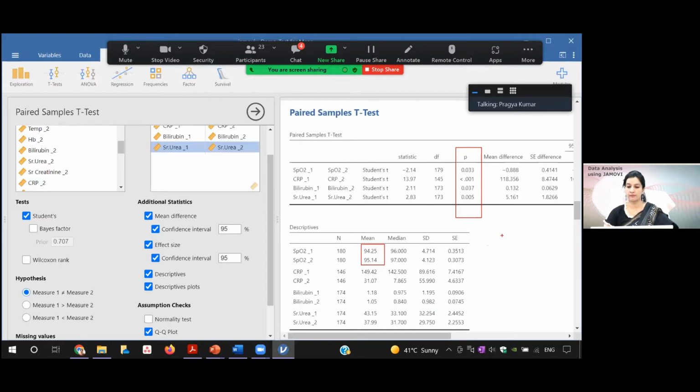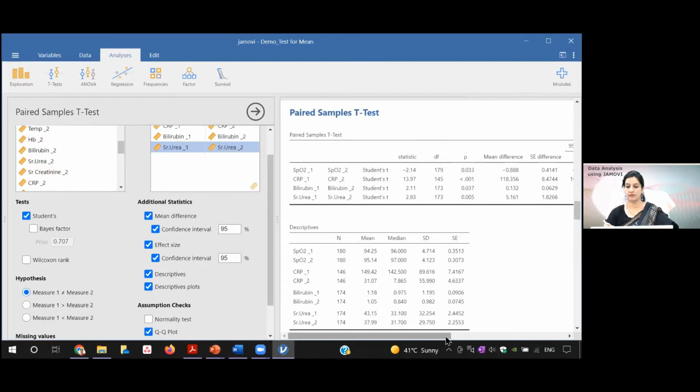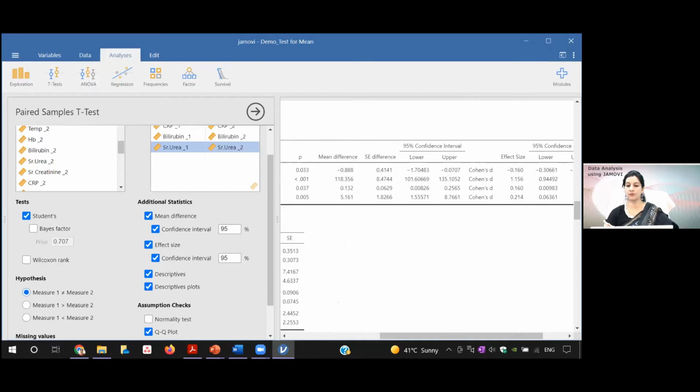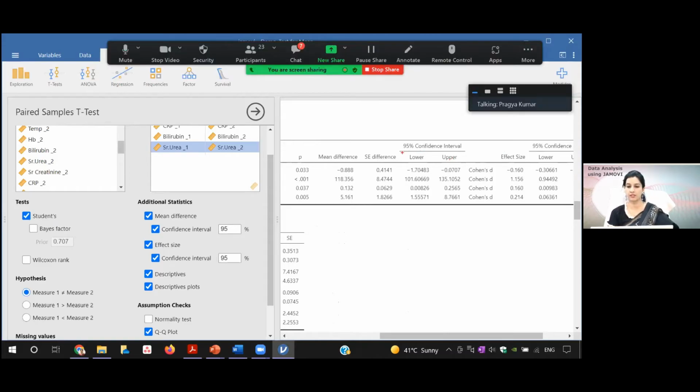And then you can see the effect size also. So the effect size, if you come here, this is the Cohen's value of effect size. This is the 95% confidence interval. So if you focus here on the 95% confidence interval, you can see that both are having the same sign.